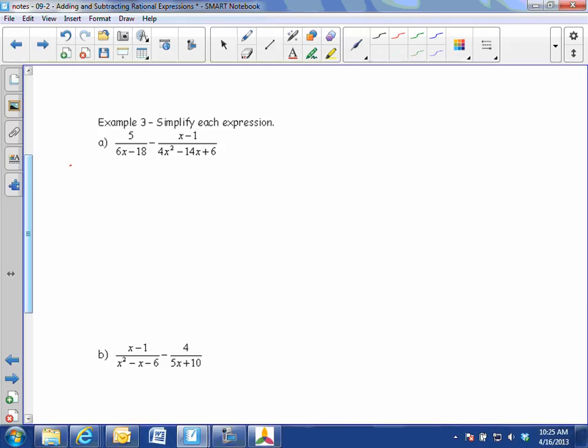Okay? So if I look at this first one, how can I factor 6x minus 18? Take out 6. Undistribute. So what do you have in the parentheses? X minus 3. All right, let's do our other one. How can I factor this guy?